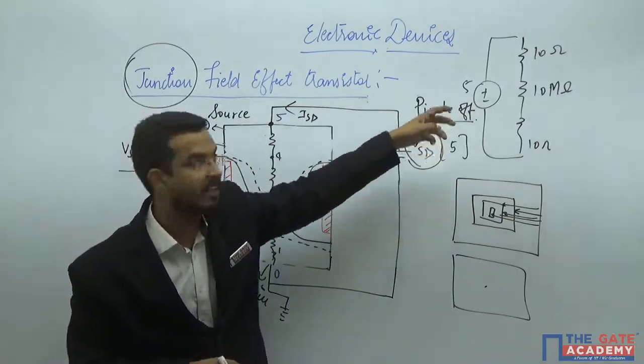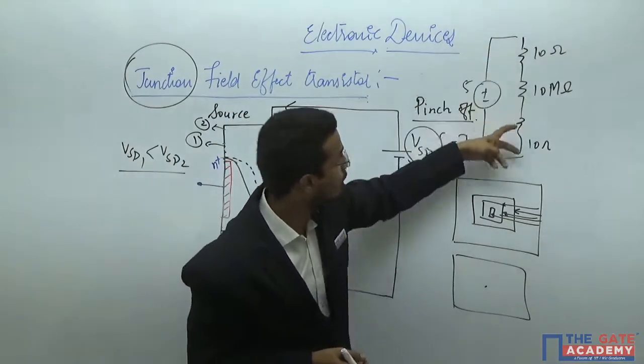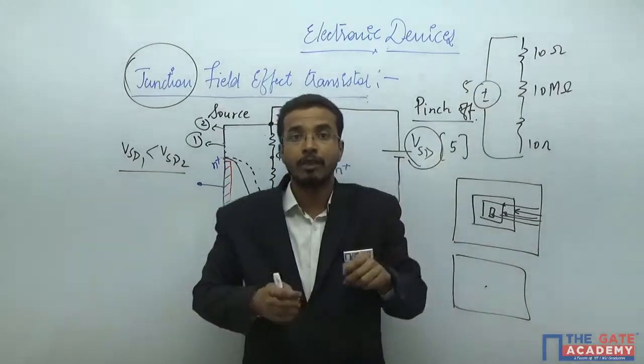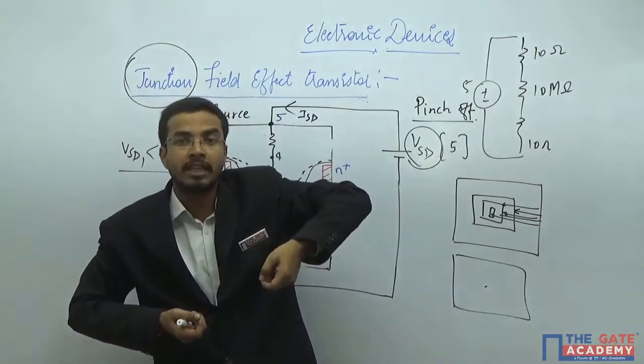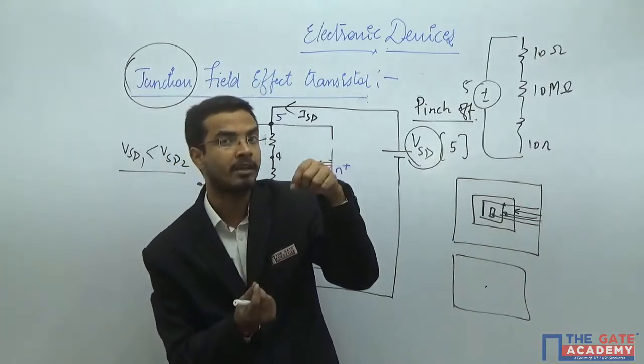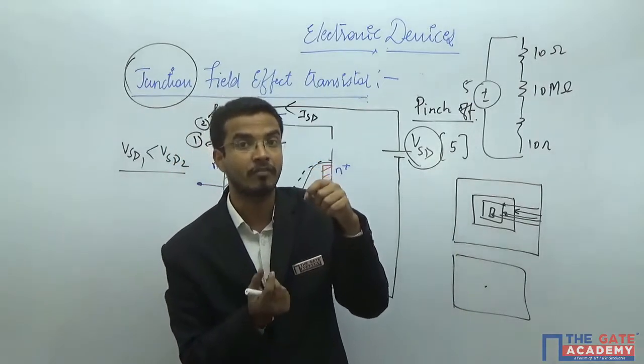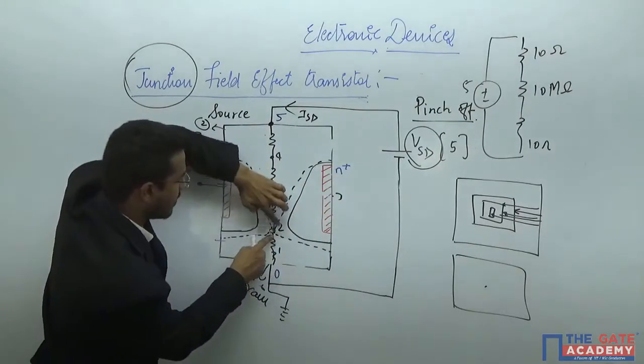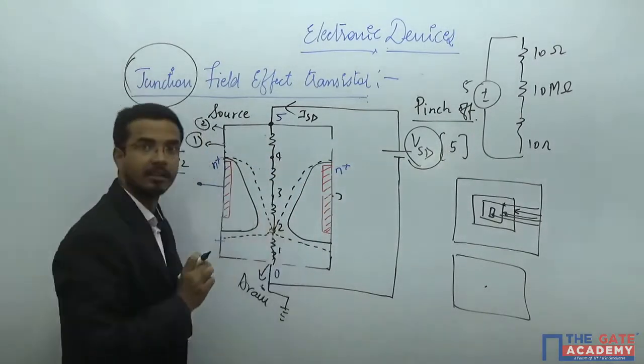The same thing will happen here. It is a more conductive region, it is also a more conductive region, but it is an insulated region. That is why whenever you get the open circuit in the device, you are getting the highest voltage across the open circuited terminals because the resistance offered by that particular region is highest. And at this time, here you are not having any particular channel.